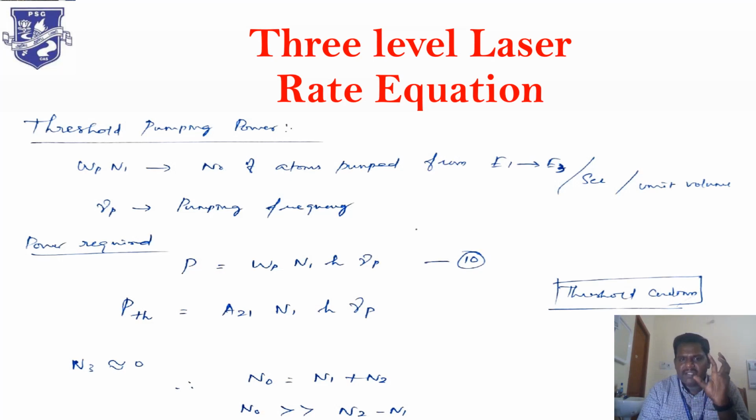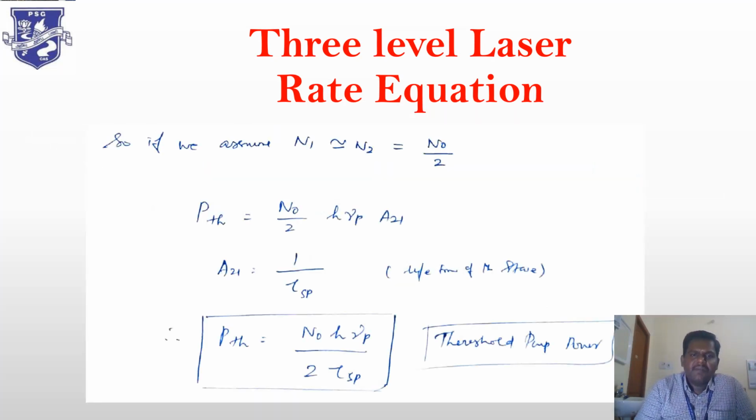The total number of atoms N0 is equal to N1 plus N2, considering only N2 and N1 in the three-level laser equations. From this, we understand that the number of atoms in the ground state is much larger compared with the other two states. From that, we rewrite N1 and N2 as almost half of the ground state atoms.